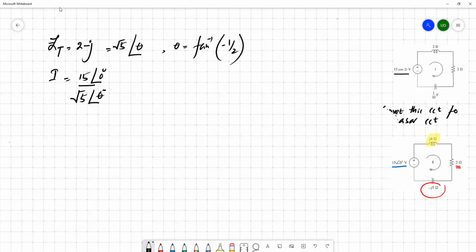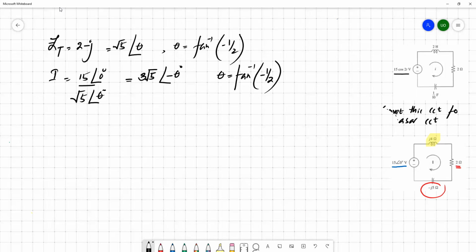So how do you solve this one? We can simply treat the amplitude and angle separately. 5 divided by root 5 equals root 5. And here, 0 and theta, so the angle is minus theta, and theta is actually tan inverse minus half.